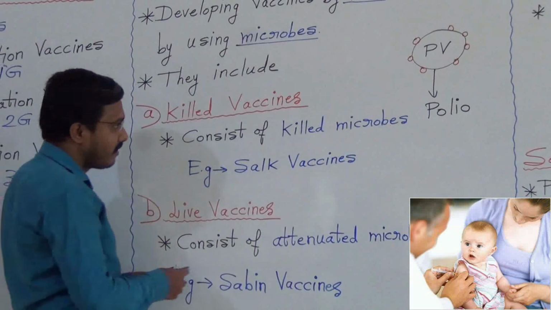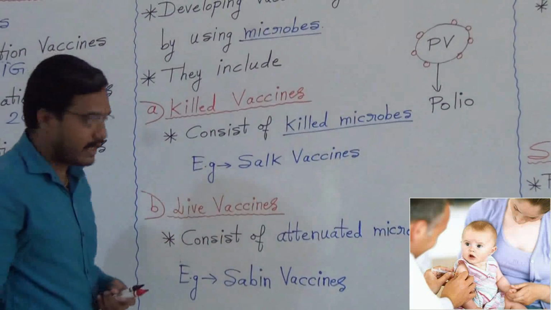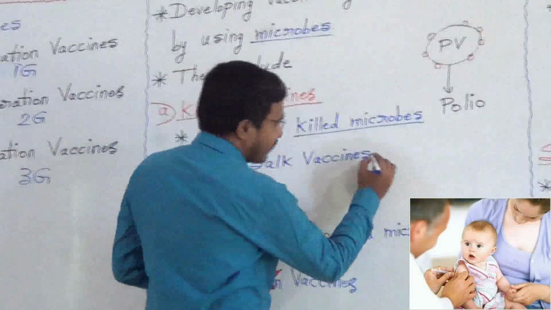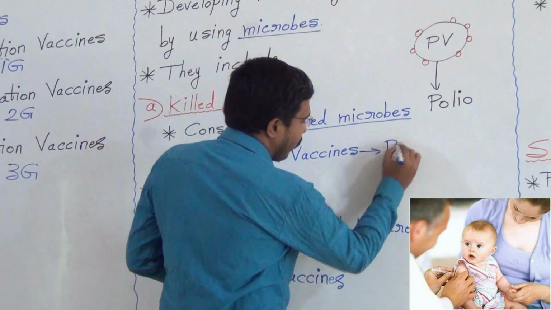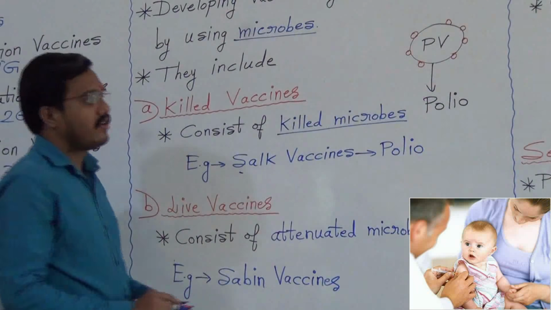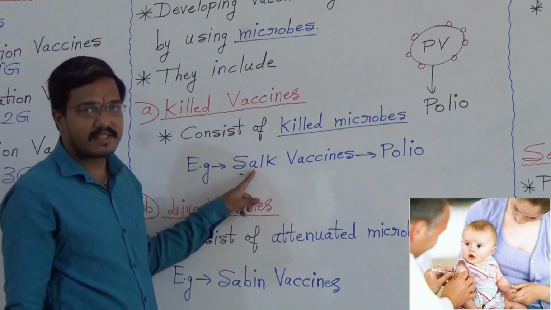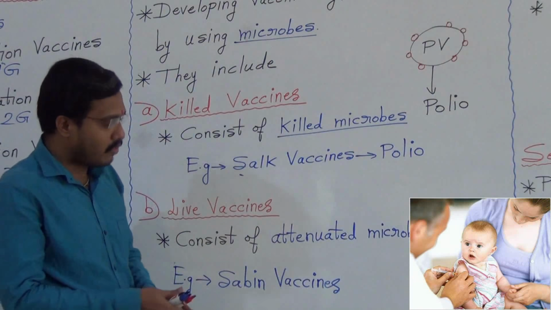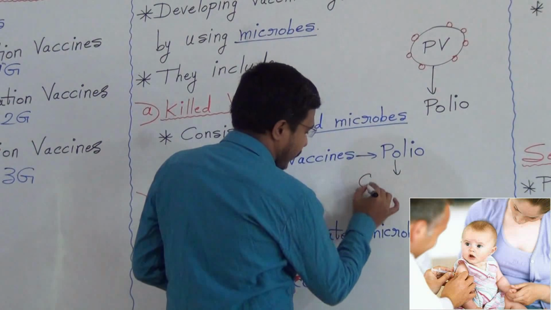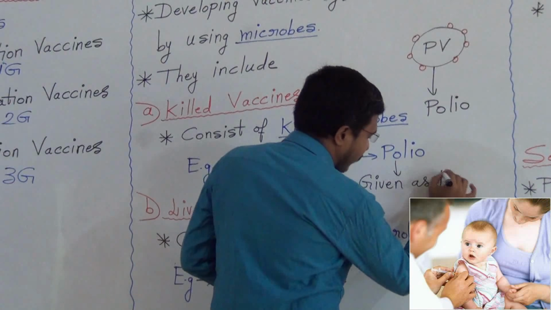This consists of killed microbes. One of the best examples of a killed vaccine is the Salk vaccine. The Salk vaccine is nothing but the polio vaccine, first discovered by the scientist Jonas Salk, and this vaccine was given as an injection.